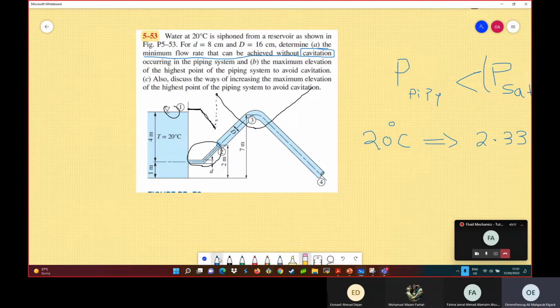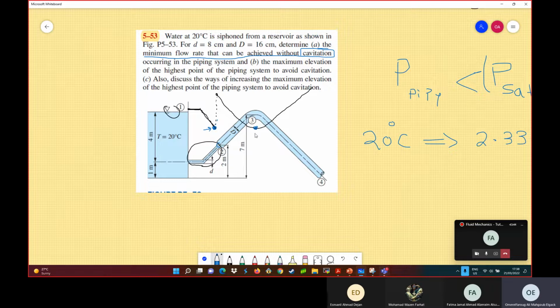Now, from this pressure profile, what are the critical points where the pressure could possibly be minimum? I have either this point or this point, right? Maybe this one is lower than this one, and in that case, this will be the critical point where cavitation will occur, because cavitation happens at the lowest pressure in the system.